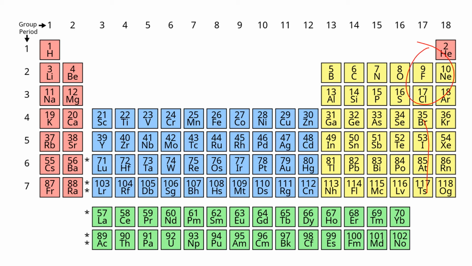As you go down the periodic table, you get less electronegative, and as you go to the left across the periodic table, you get less electronegative. So the trend is somewhat the opposite of first ionization energy and of atomic radius. As you're going down the periodic table, the atoms are getting heavier.